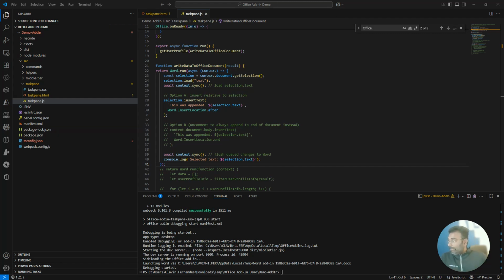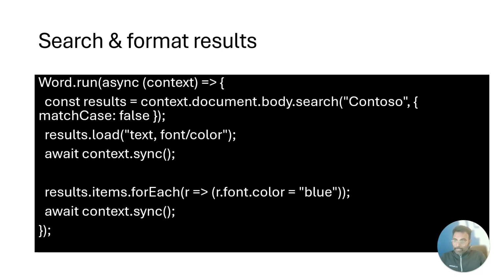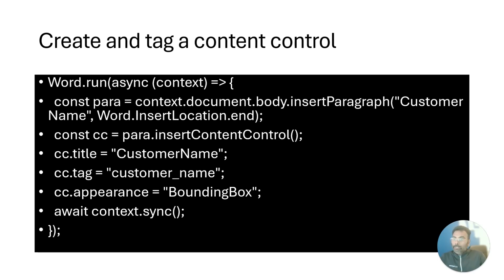So that being said, we covered two particular use cases. One was getting the selection. One was writing to the document. If you want to search and format, you have an example on the screen. Again, I'm using the Word-specific word.run and I am changing the font color to blue.